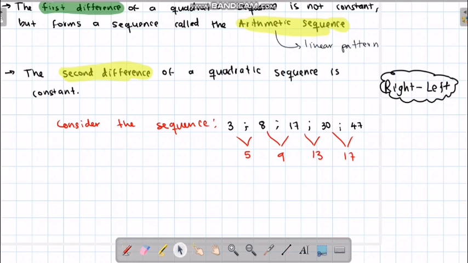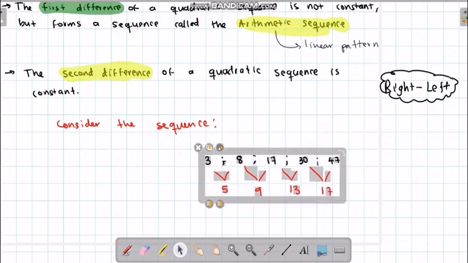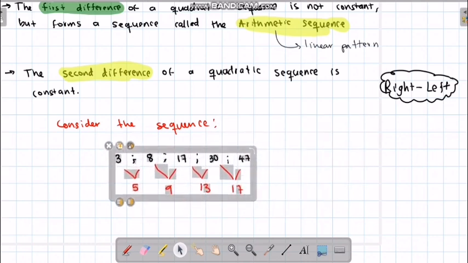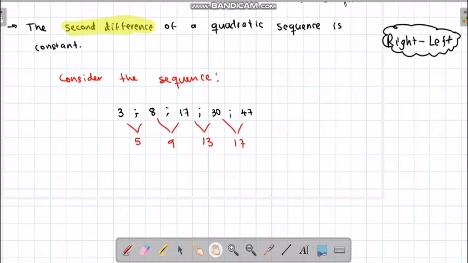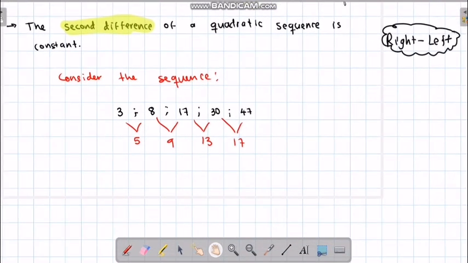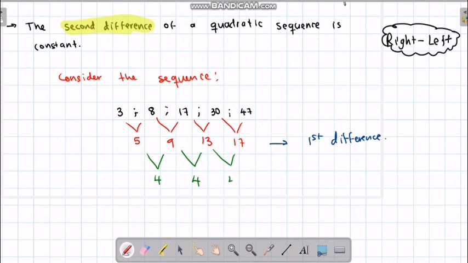Our first difference is not the same, so we can't say the given pattern is arithmetic. Now let's check our second difference. 9 minus 5 is 4. 13 minus 9 is 4. 17 minus 13 is 4.